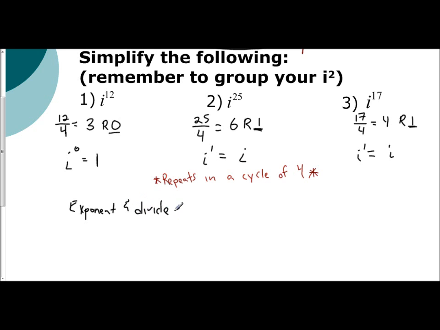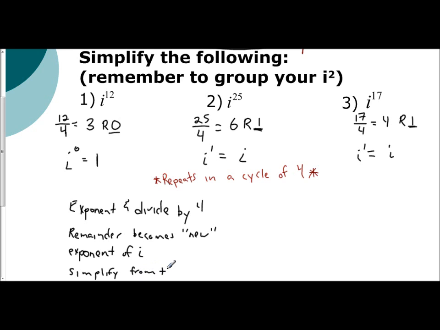That's what we did every time. The remainder becomes the new exponent of i. And then you simplify from the pattern. And from the pattern, I mean i being i, i squared being negative 1, i cubed being negative i, and i to the fourth being 1.